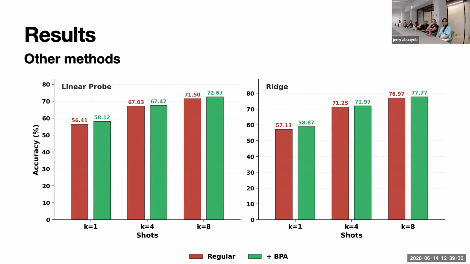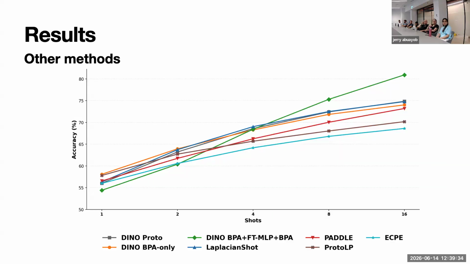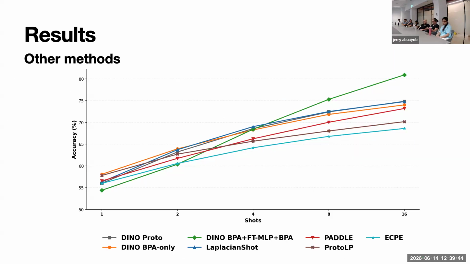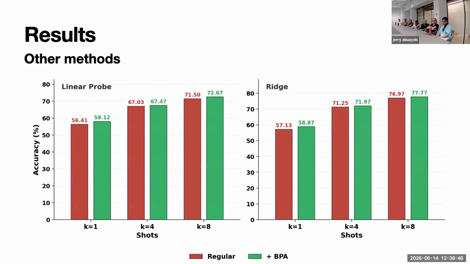So for now, over here, a single BPA transform was a sort of plug and play on the prototypical algorithm. So I did that with other types of classifier heads.